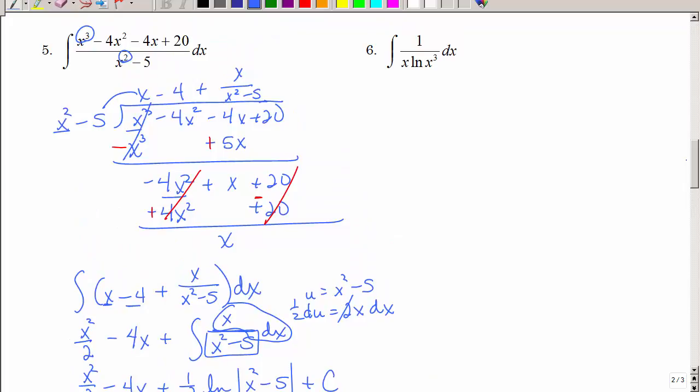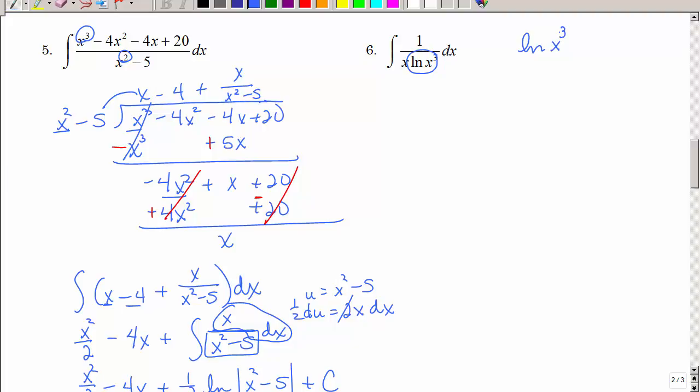Now number 6, that just looks kind of scary. What can we do? Well, so far we do not know how to integrate the natural log of x. We can take the derivative but not the integral. So what is this? Not sure. Let's look at the natural log of x cubed.